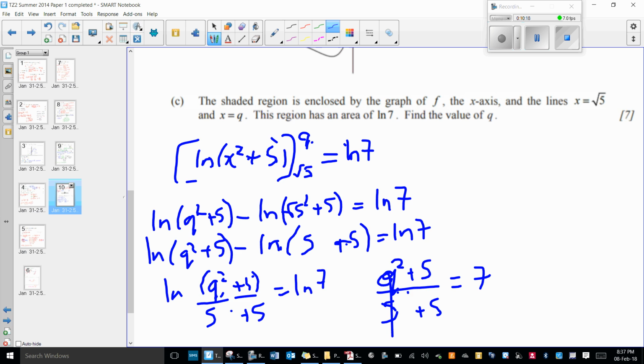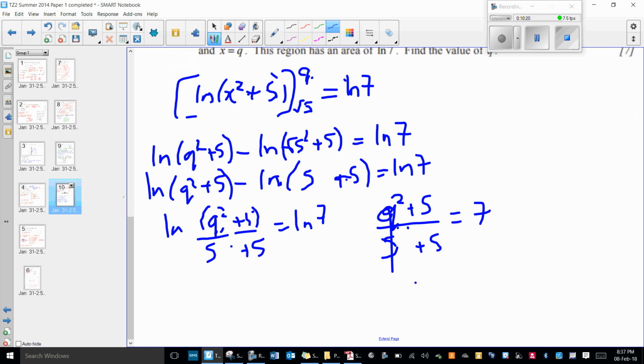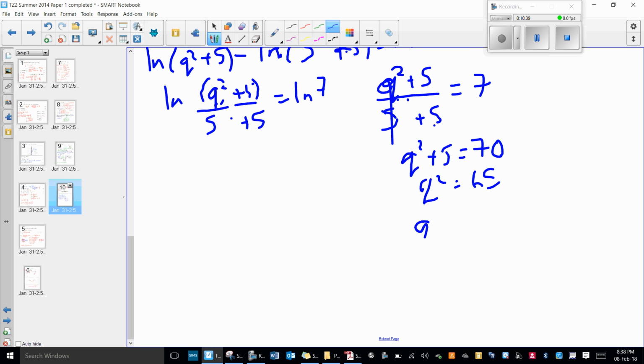So we've got q squared plus 5 equals, so the 10 on the bottom is going to be multiplied with 7, so 70. So q squared equals 65. So q is the square root of 65, plus or minus.